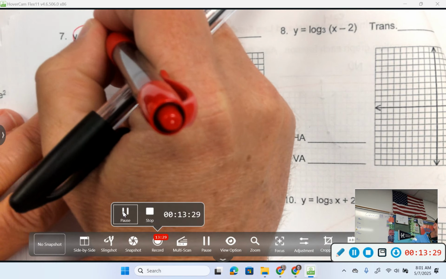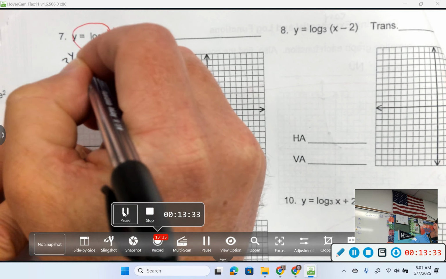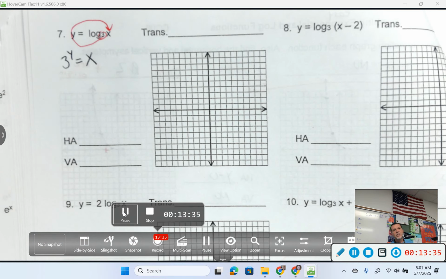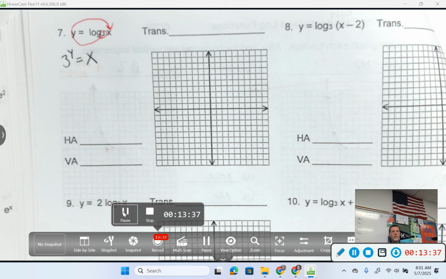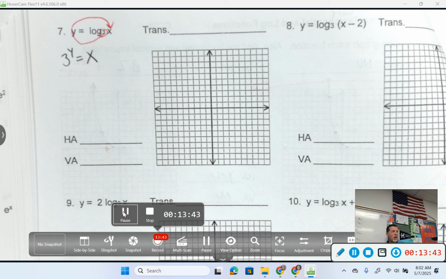Right, that gives me an equivalent statement. So 3 to the y equals x. Okay, so things feel backwards now because I've got x equals instead of y equals. But it's an exponent rather than a log. So I feel like it's worth the price of dealing with x and y kind of backwards than having to mess with logs.